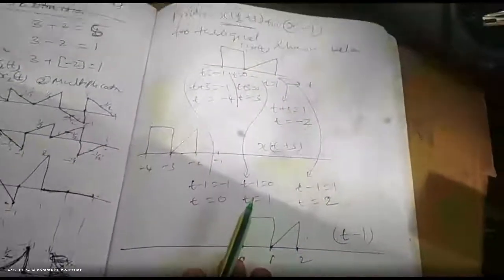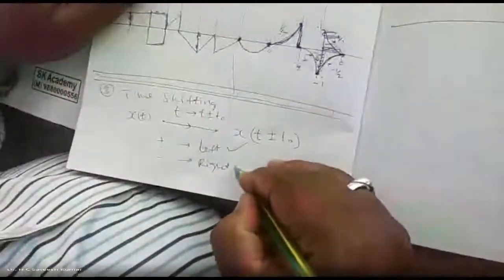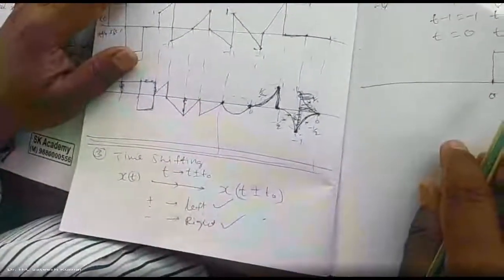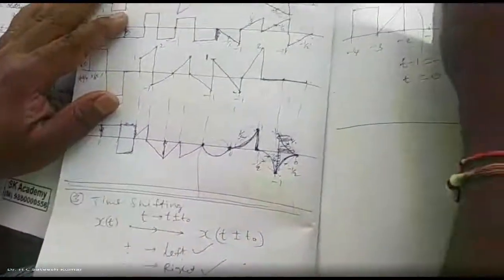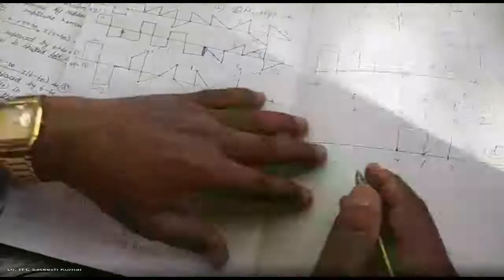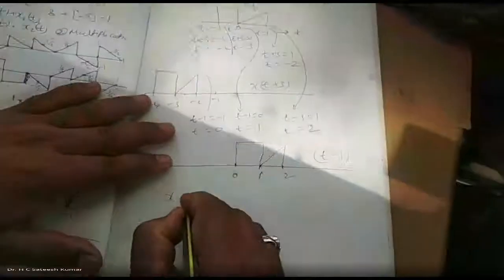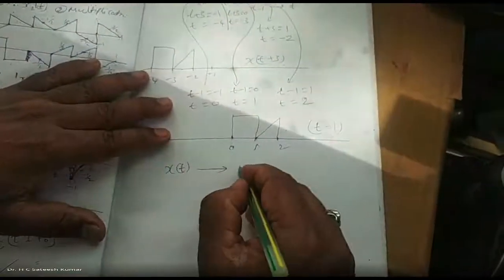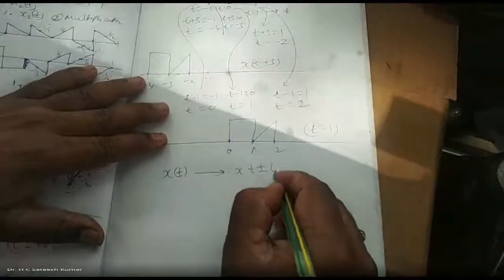Whenever plus sign is there, you shift left. Whenever minus sign is there, shift right. How much unit is depending upon your T naught value. That is your T naught. T naught is 3 or minus 1, whatever it is. So depending upon that, x of t plus T naught. So the shifted version of any signal is obtained by replacing x of t by what? X of t plus or minus T naught.